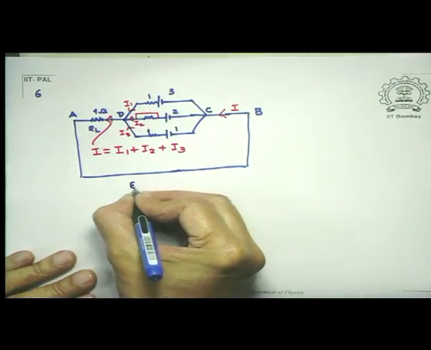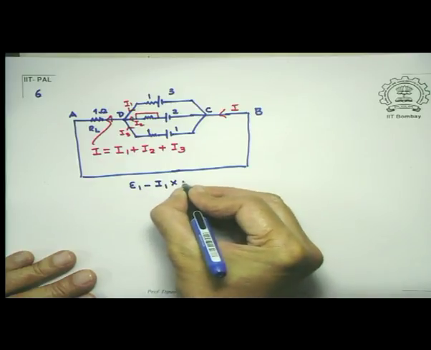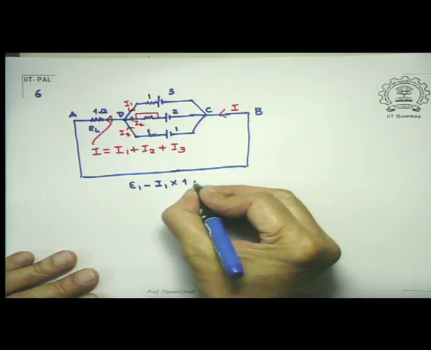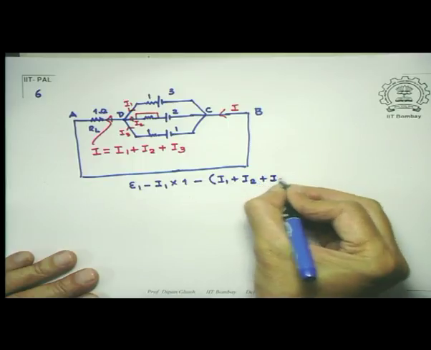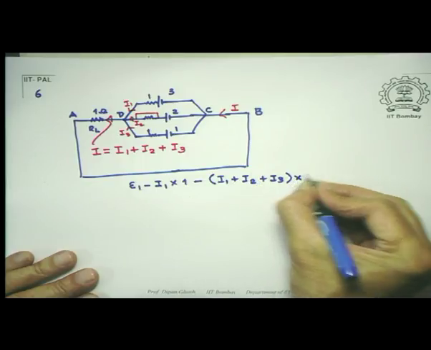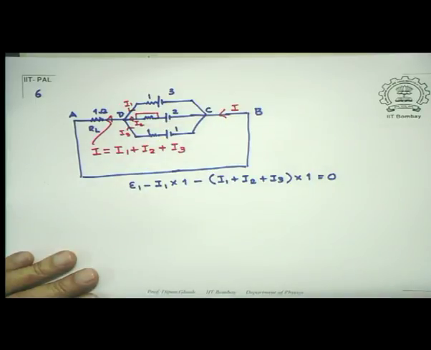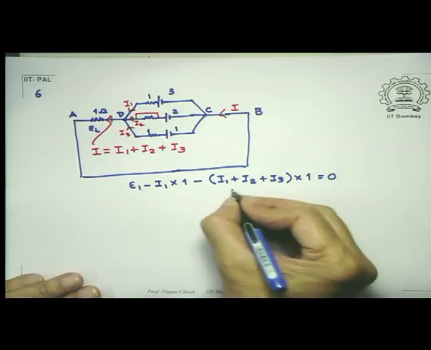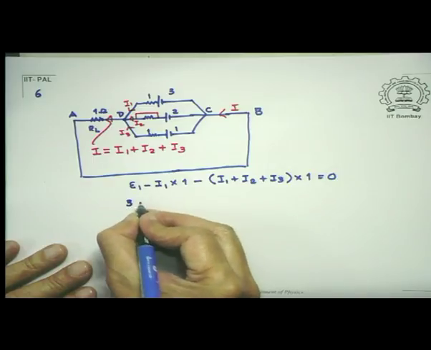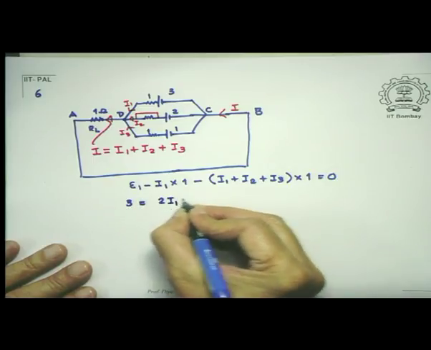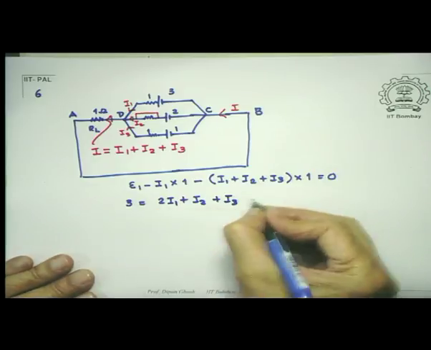So E1 minus I1 R1, R1 is 1, minus I, which is I1 plus I2 plus I3, times 1, of course, equals 0 because I have simply returned back to the same point. Since my E1 is 3, I get 3 equal to 2 I1 plus I2 plus I3. So that's my equation number 1.